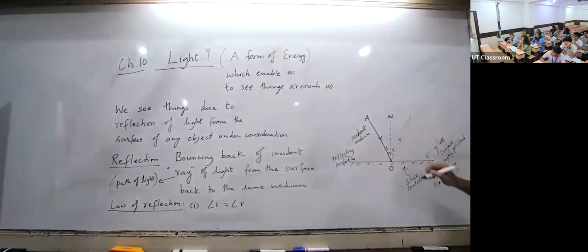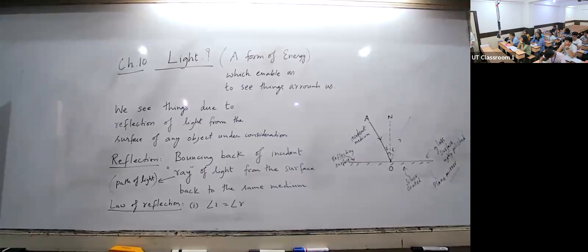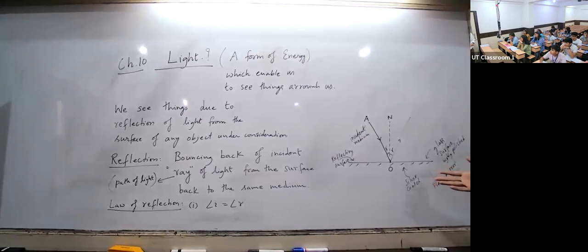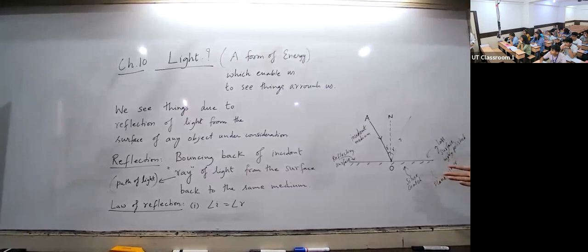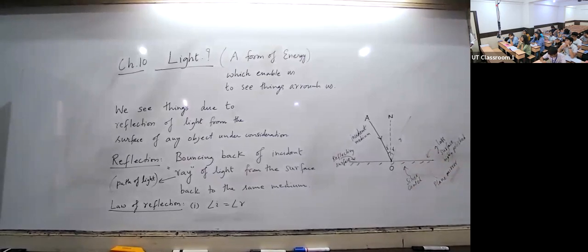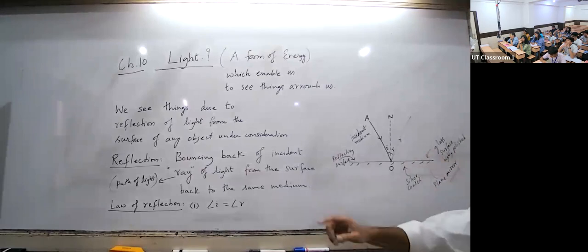And this will be called the angle of reflection. Both have to be the same as per the law. So this can be very easily verified. There are experiments, which I'll explain further. But this is the process of reflection, and this is one part of the law of reflection.